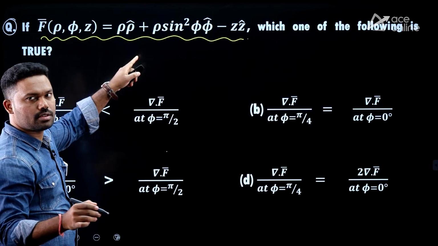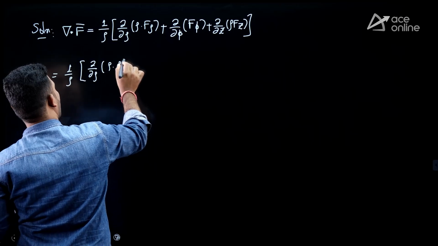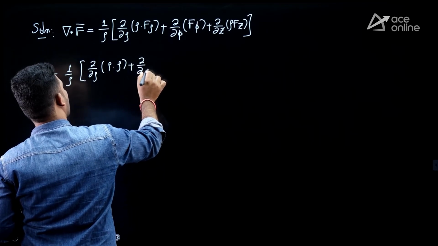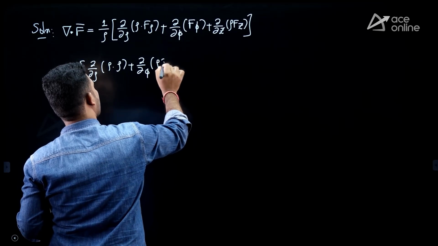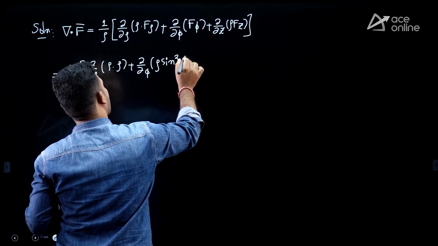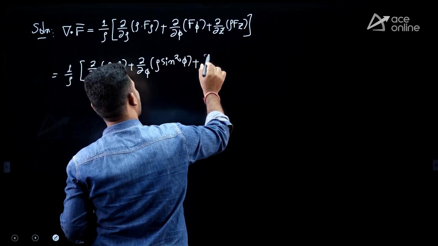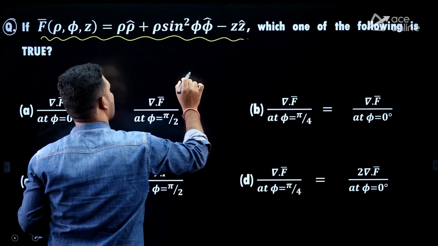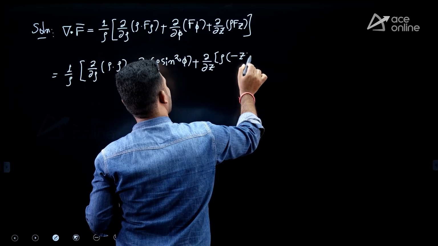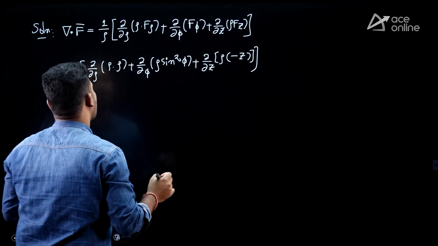The rho component is rho, so rho square, plus dou by dou phi into f phi, it is rho sin square phi, plus dou by dou z into rho into minus z. Clear, friends?